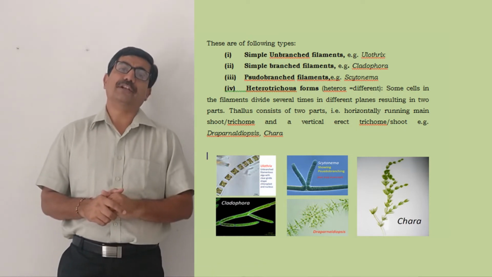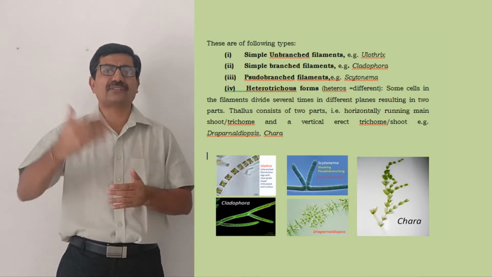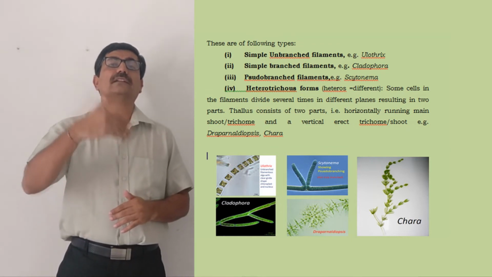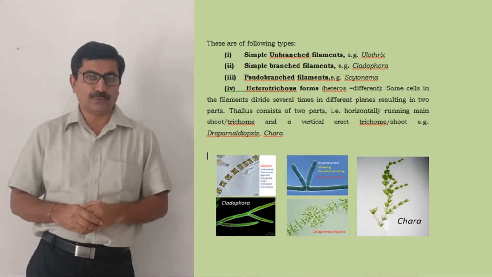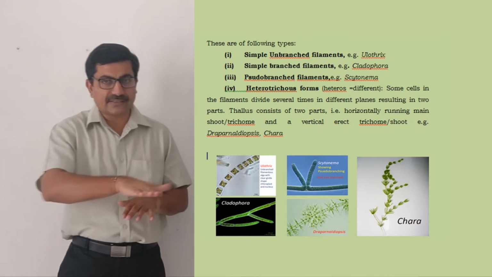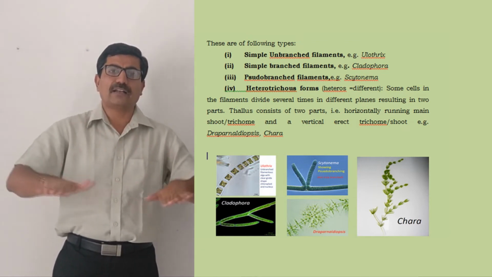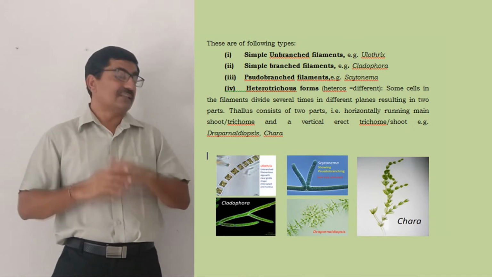Then the next type is called hetero. Some scientists say it is a part of filaments, and some know it as a different type of thallus. Hetero means different and homo means same. So in heterotrichous, the thallus may be partly prostrate as well as partly erect. That means some parts are along the surface and some parts are erect. These are specific characters.